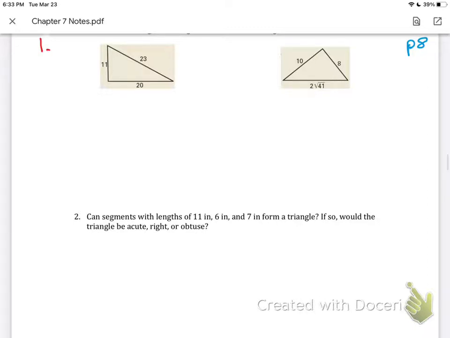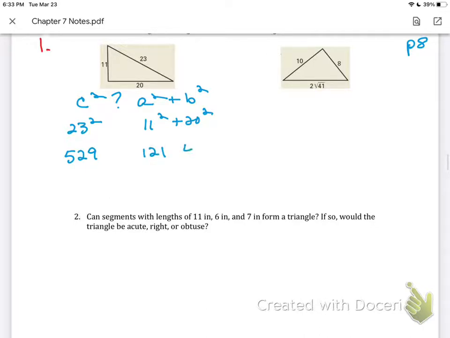So look at your biggest side. That will be your C squared. That's going to be 23 squared. And then remember, we don't know what this relationship is going to be. And then we'll do 11 squared plus 20 squared. Okay, 23 squared is 529. 11 squared is 121.